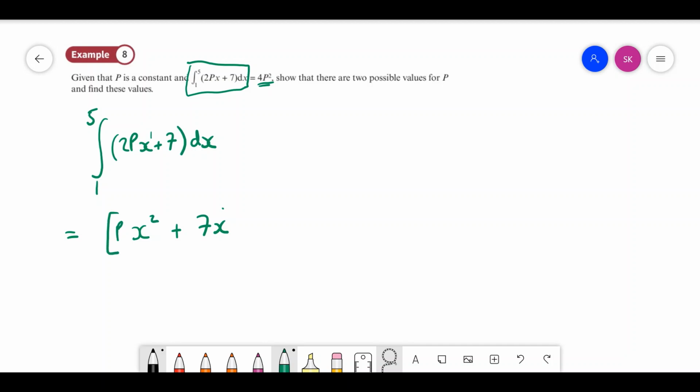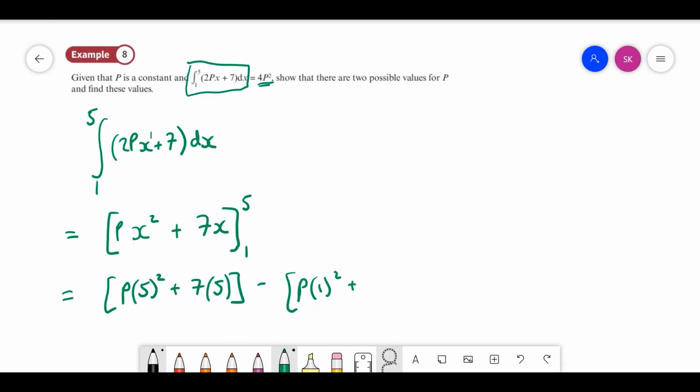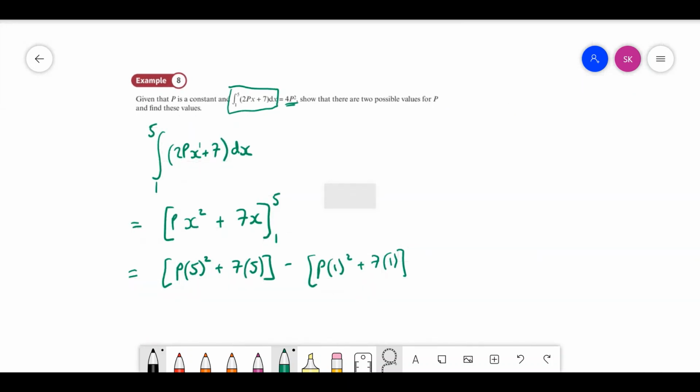But remember, this is a definite integral, so we've got to include the limits. The next thing we do is substitute the limits in and then find the difference between them. So the first bit is going to be p bracket 5 squared plus 7 bracket 5, minus p bracket 1 squared plus 7 bracket 1, which is obviously just 7.